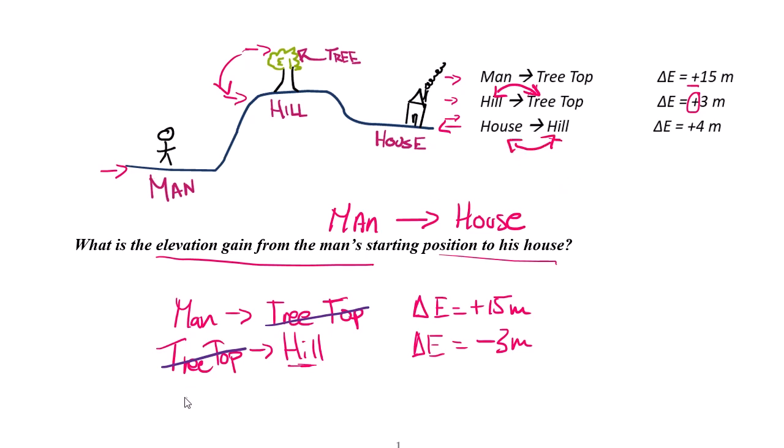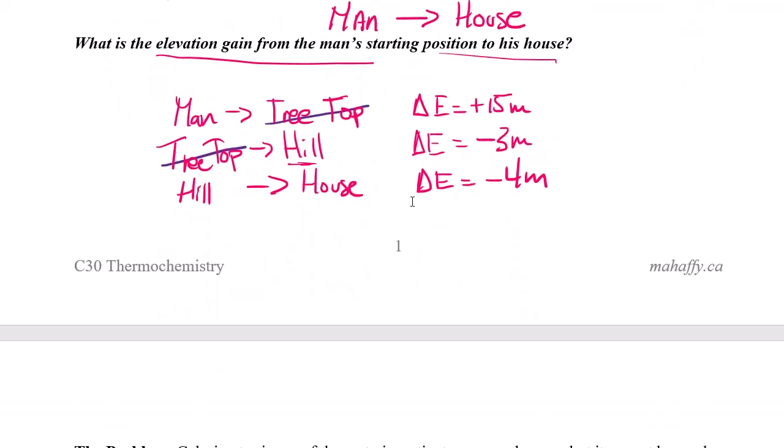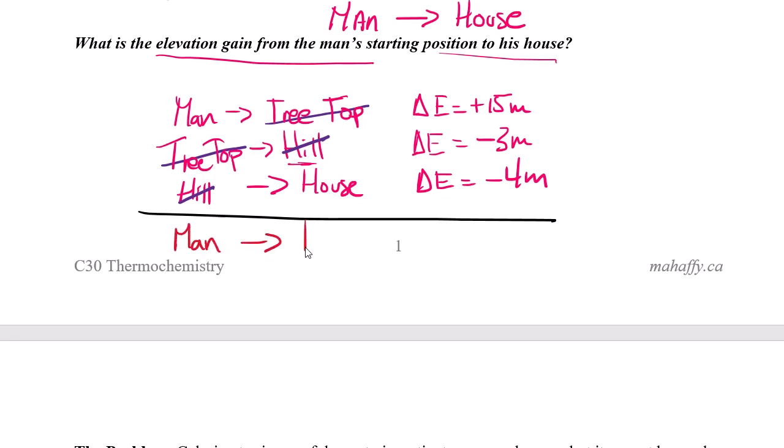So I want to consider the elevation gain from the hill over to the house, which will be negative 4 meters. And then once I've done this, my hill is going to cancel with my hill because it's on opposite sides. If I look at just what's left here, I've got the man on the left and the house on the right.